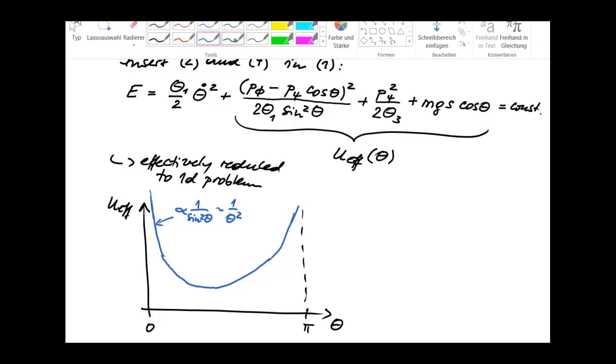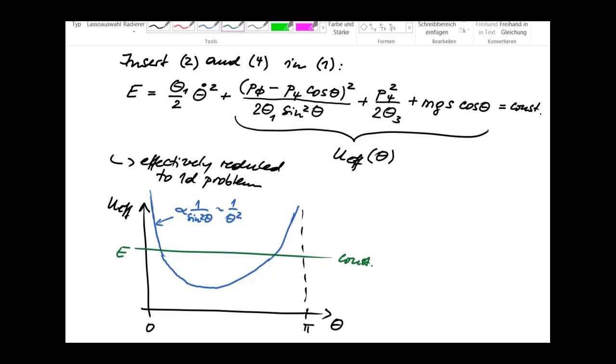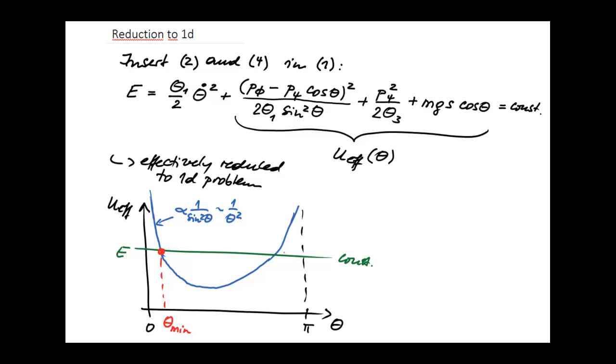When you have a fixed total mechanical energy, E, somewhere here, which is a given constant of the motion, then you recognize immediately, and you remember our discussion of one-dimensional problems at the beginning of the semester, that there are 2 turning points. There is a minimum angle, and there is a maximum angle, and in between, the system will perform bounded motion.